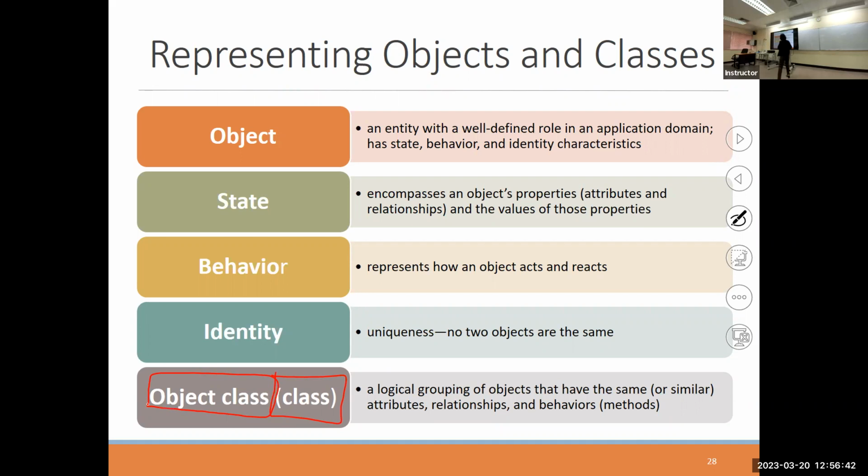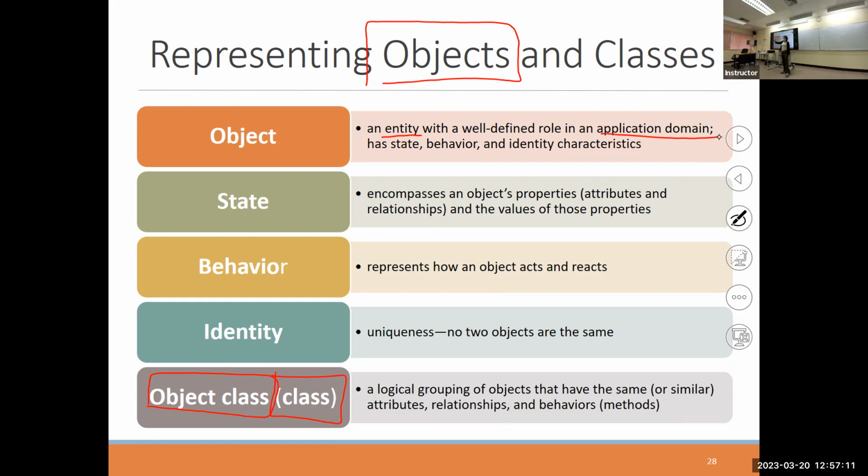Okay, so if we mention objects in the object-oriented approach, it would refer to, by definition, an entity, a real world thing, which could be tangible or intangible, with a well-defined role in your application domain, in your problem, in your software.